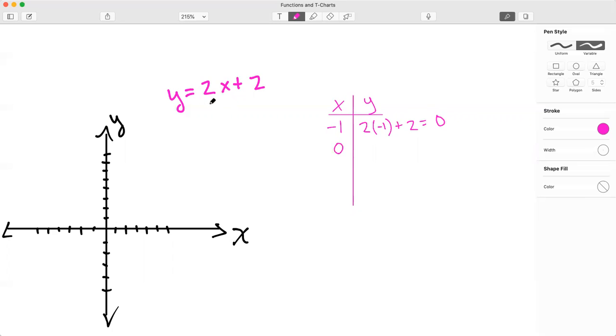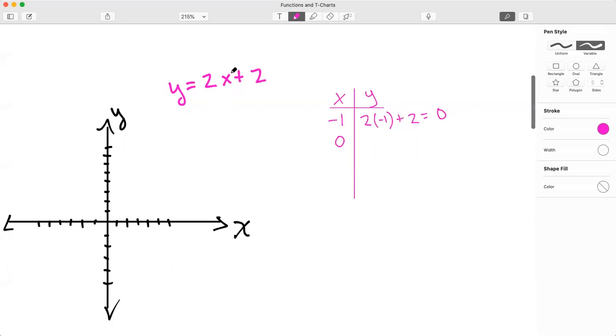How about an input of 0? You substitute 0 for x, and really we'd be finding our y-intercept here. Using the same equation, plus 2, I would get 2. So when I input -1, I get 0, and when I input 0, I get 2.